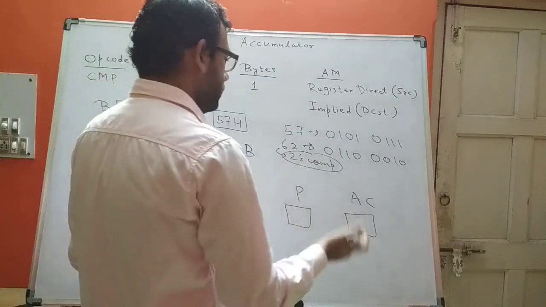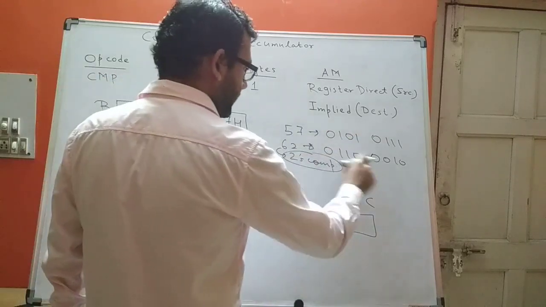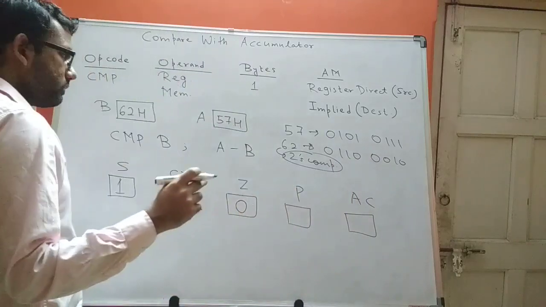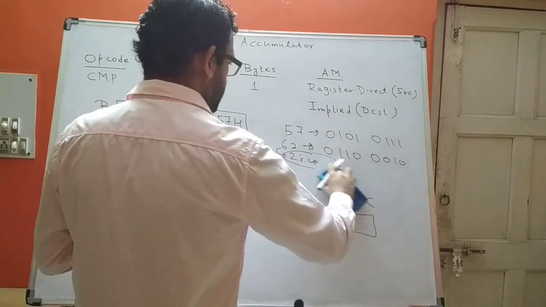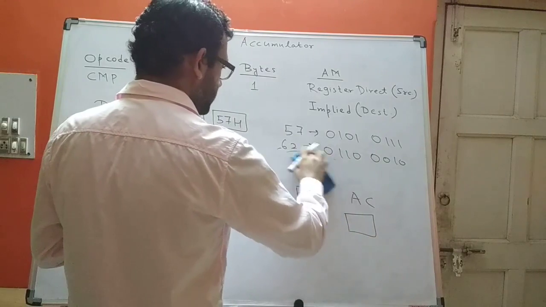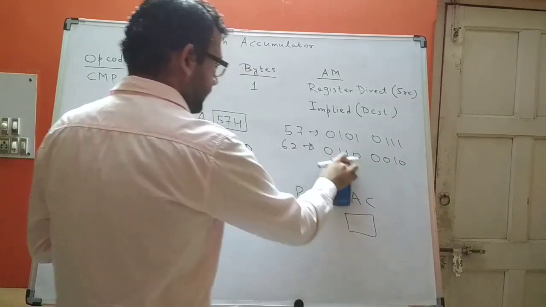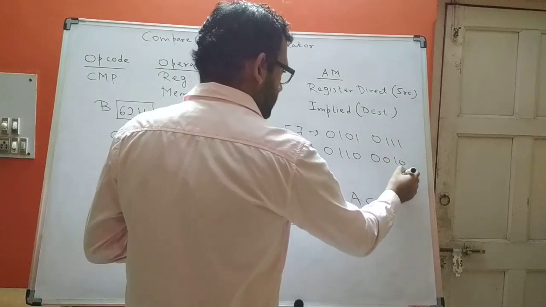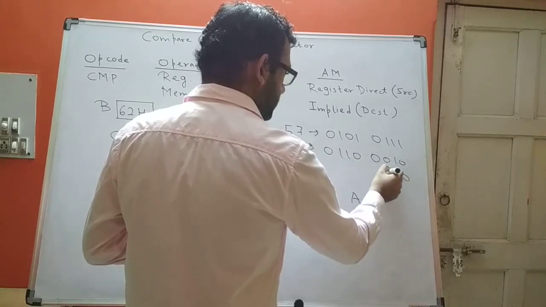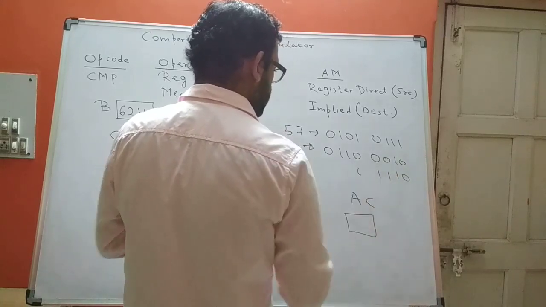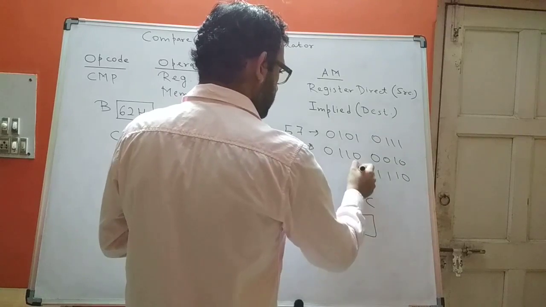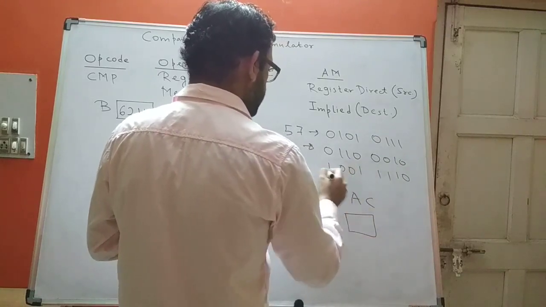Okay, let me do it for you. Let me take the 2's complement of 62. If I take the 2's complement of 62, what will I get? I'm doing it directly. After I get the first 1, the remaining bits will be complemented, right? So this will become 1, this will become 0, 0, and this will become 1.